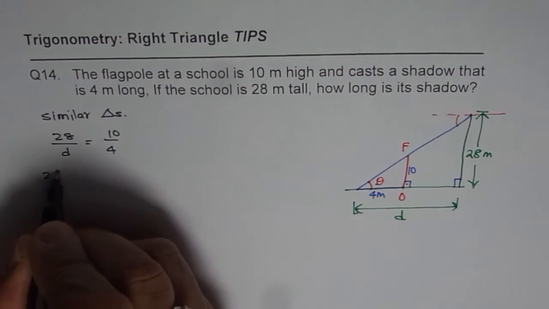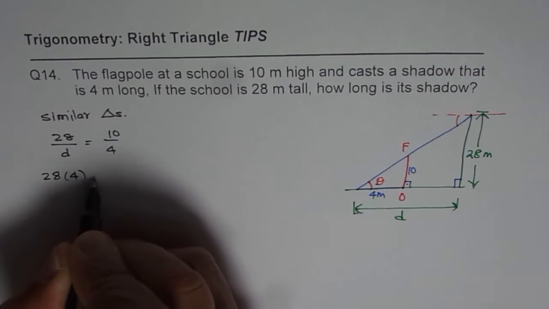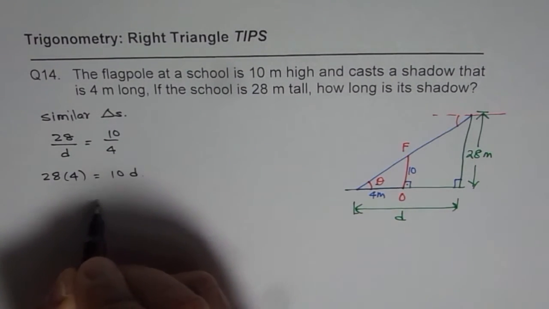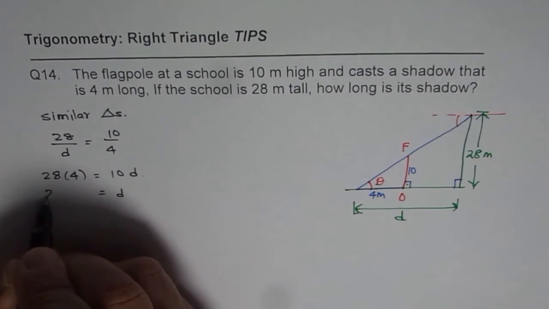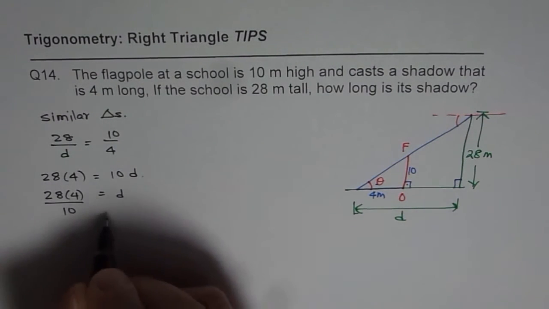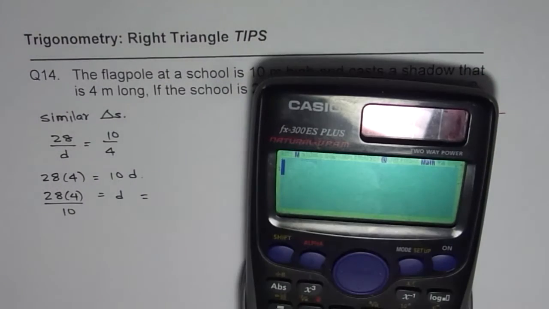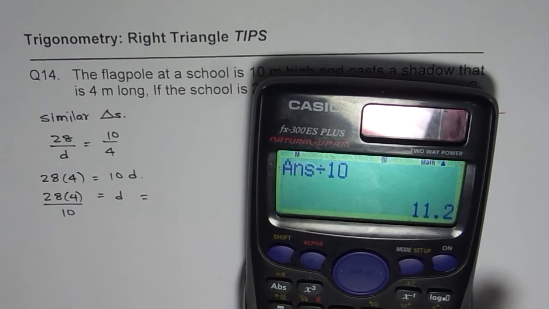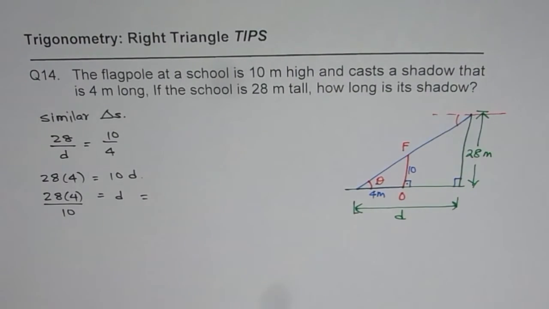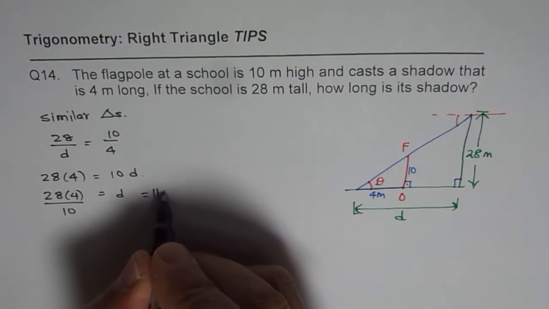So we get 28 times 4 equals 10D, or D equals 28 times 4 divided by 10. Now we can use a calculator: 28 times 4 divided by 10 is 11.2. So we get an answer of 11.2.